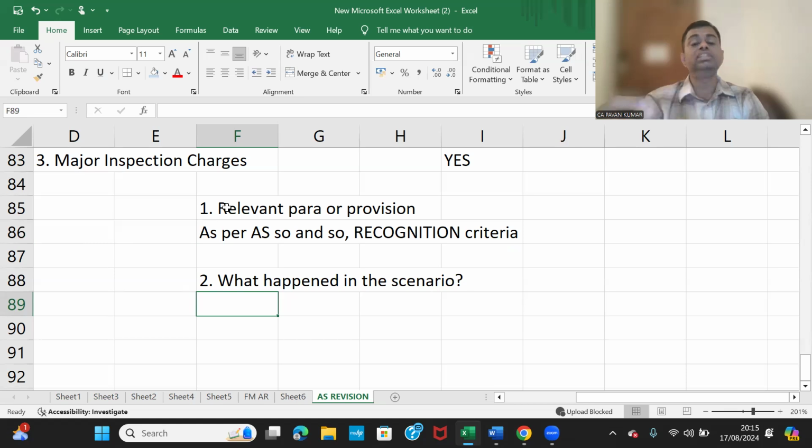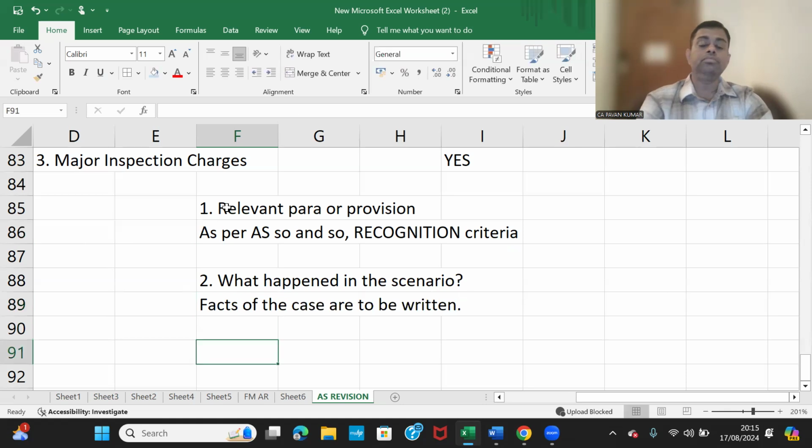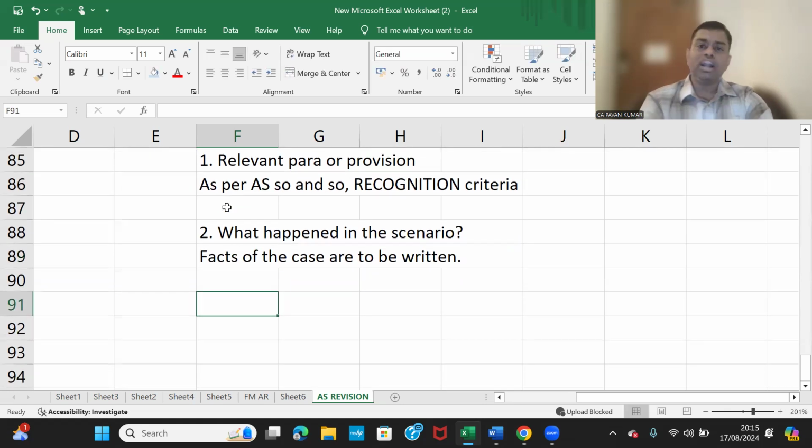The evidence for the increase in future economic benefits can be obtained from the fact that there will be an estimated 15% increase in sales. So you need to discuss all these things. Paraphrase the facts of the case. Facts of the case are to be written, but paraphrased. You cannot copy paste the same sentence, but you are writing the same thing, technically.